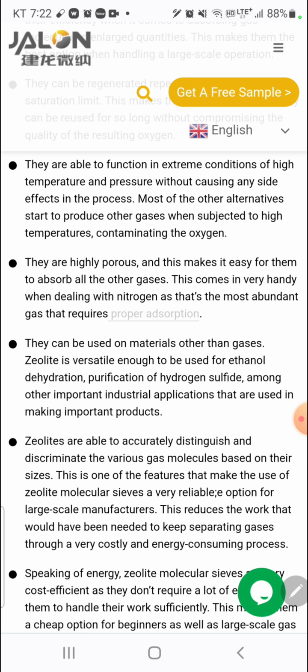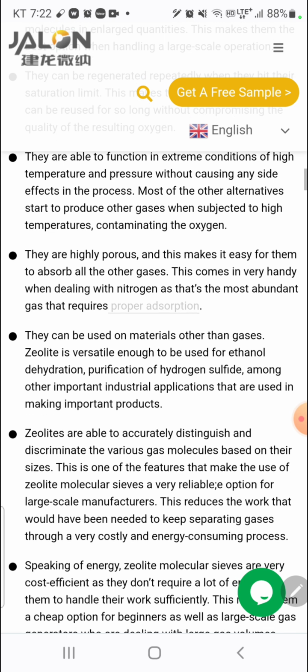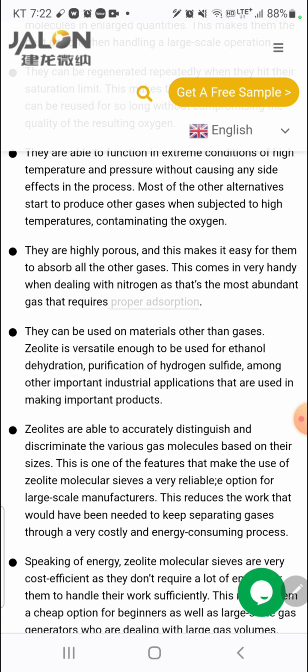They are highly porous, and this makes it easy for them to absorb all the other gases. This comes in very handy when dealing with nitrogen, as that's the most abundant gas that requires proper absorption.